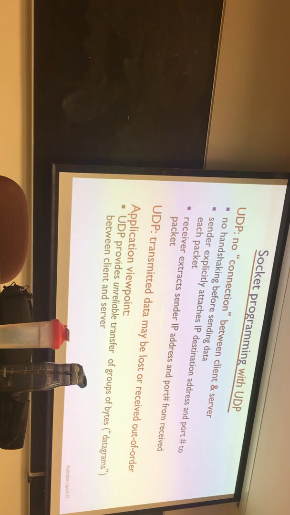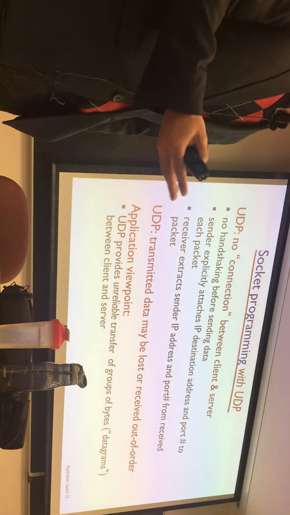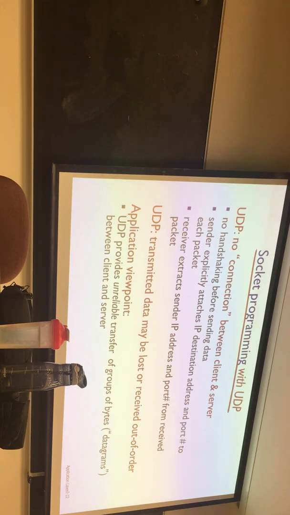The receiver can know who sent the data, because the message attaches the IP address and the port number. Of course, as a sender or receiver, you never know if the packet you received is uncorrupted or delivered in order, and the sender doesn't even know if the message has been delivered or not.